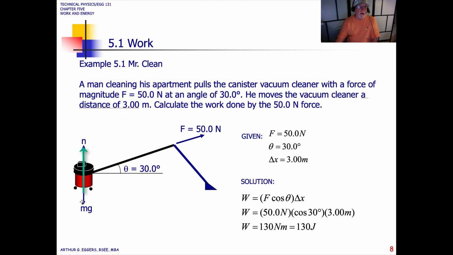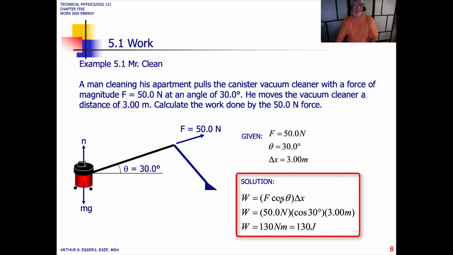We've got a y direction set of forces, the normal, and mg, the weight. And we've got the force going on in the x direction at an angle of 30 degrees, force of 50 newtons. Since we are given these values, force as 50 newtons, theta 30 degrees, delta x, or the displacement 3 meters, stick it in the relationship.